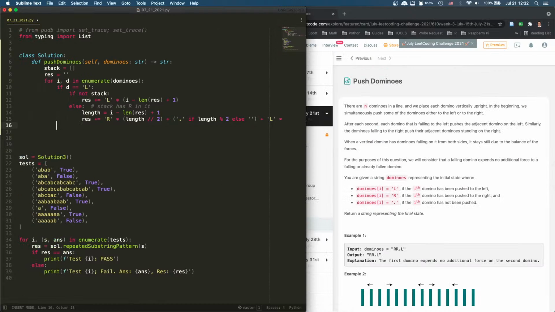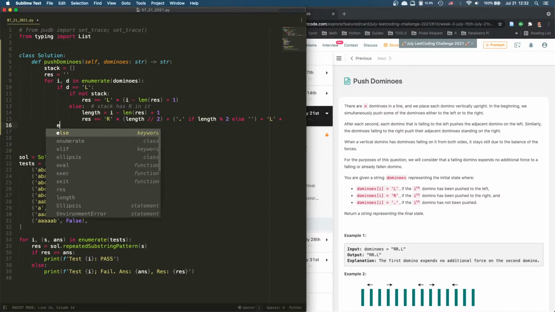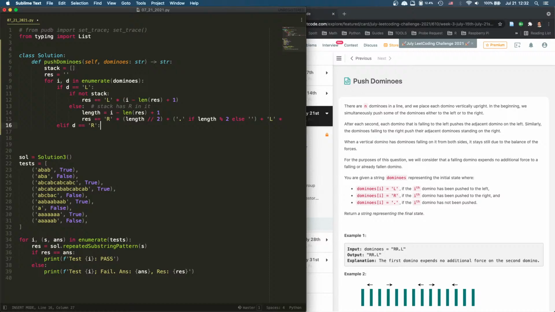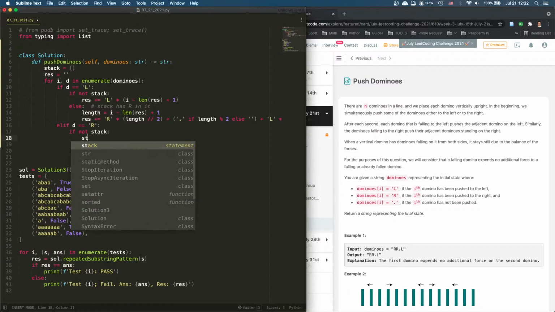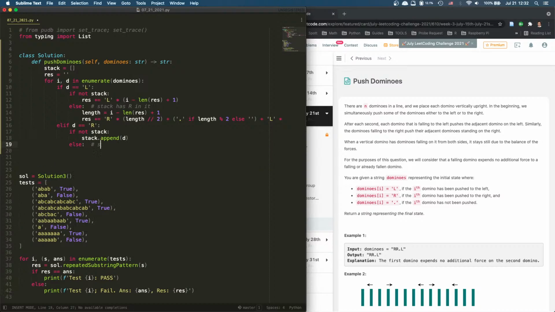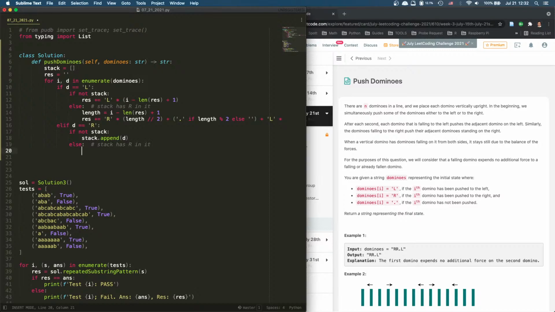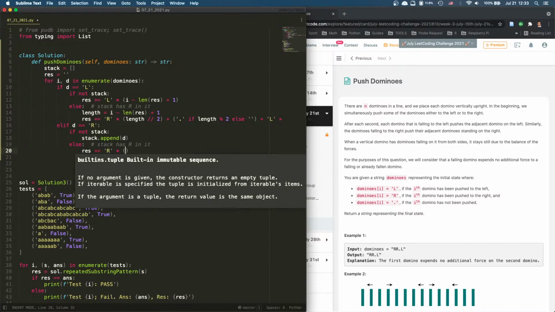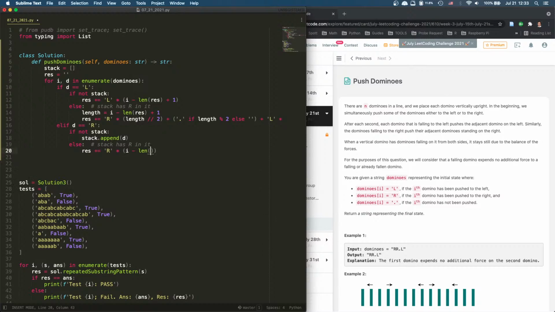Now we're gonna handle, if d is R. If not stack, stack dot append d. Else, again, stack has R in it. If stack has R in it, then everything in between we will turn into an R. So I'm going to say rest plus equal to R times i minus len rest.